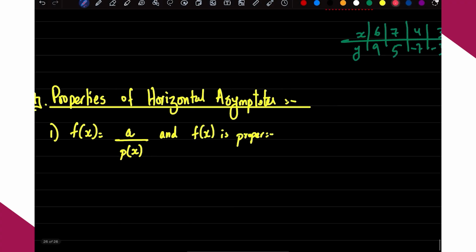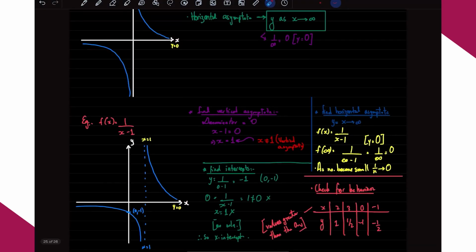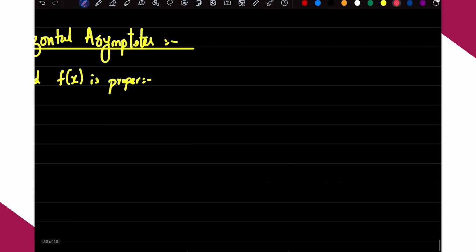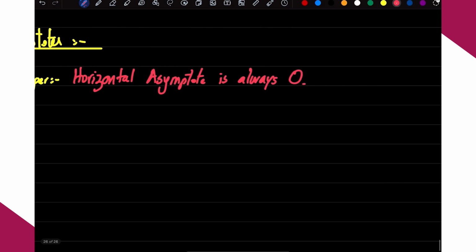The property that we are seeing is that the horizontal asymptote is always the x-axis, or basically y equals 0. So the horizontal asymptote is always y equals 0 in that case.